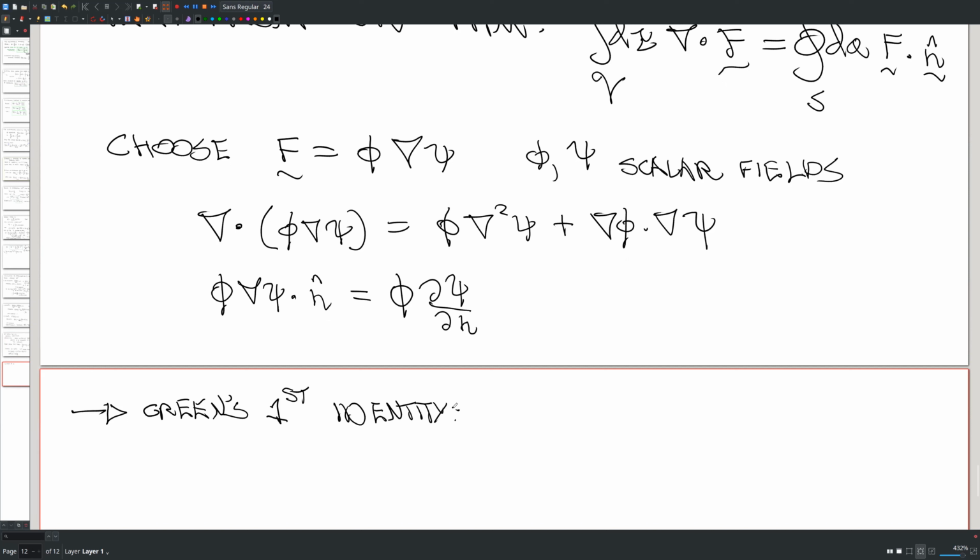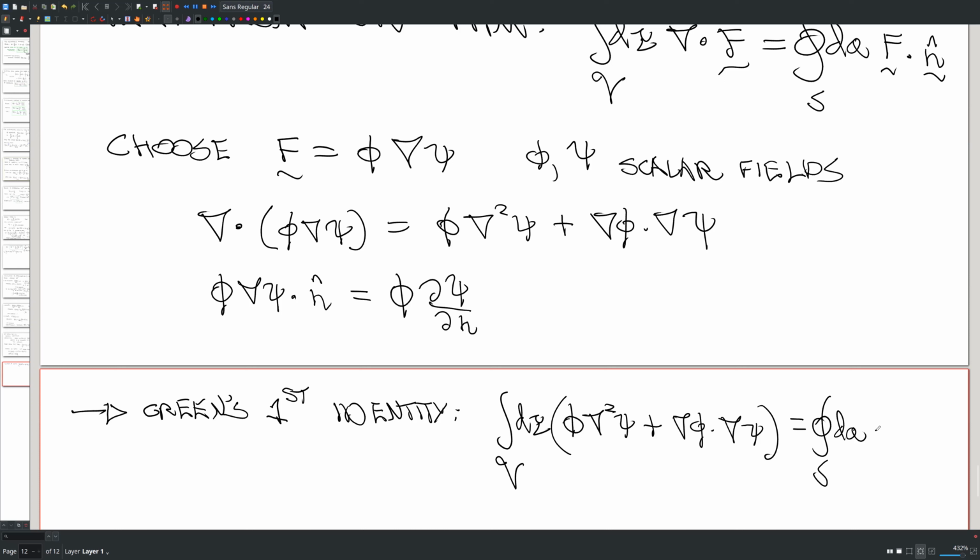It tells us that the integral over a certain volume d tau of phi Laplacian of psi plus grad phi dotted into grad psi becomes the integral over the surface dA of phi d psi dn. Okay, so that's Green's first identity.